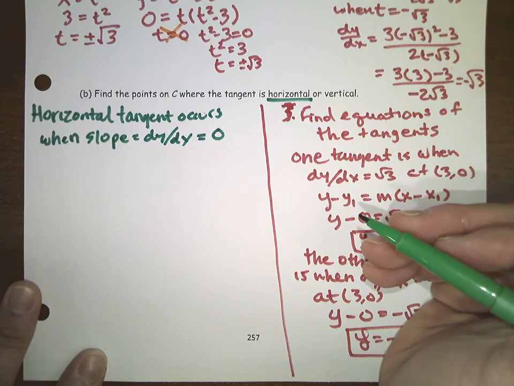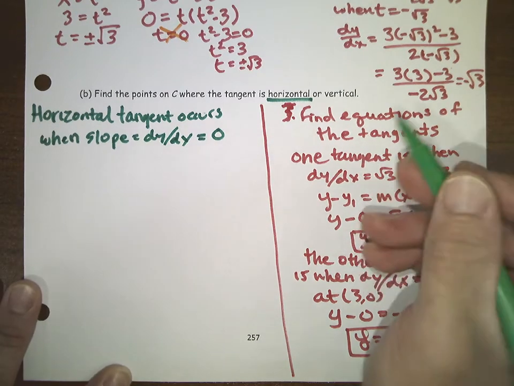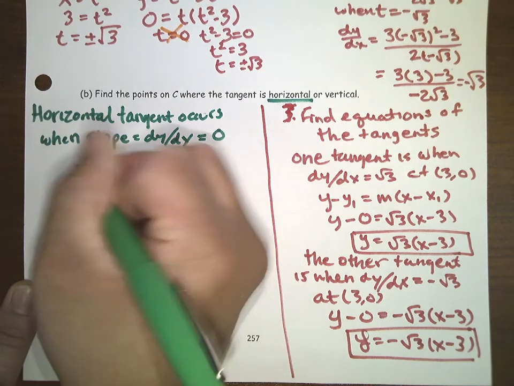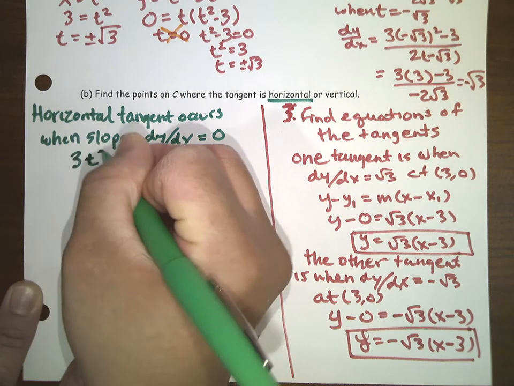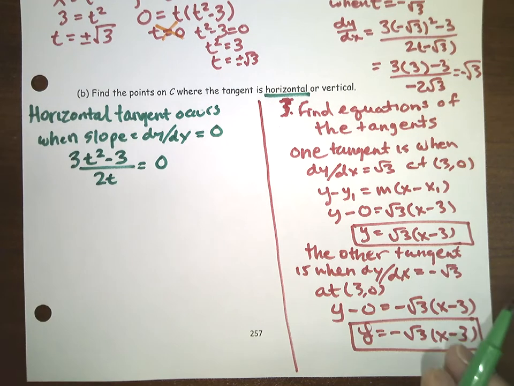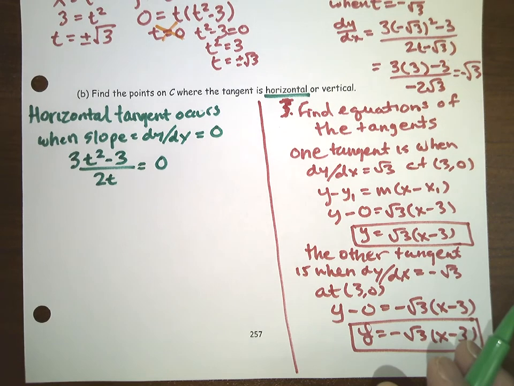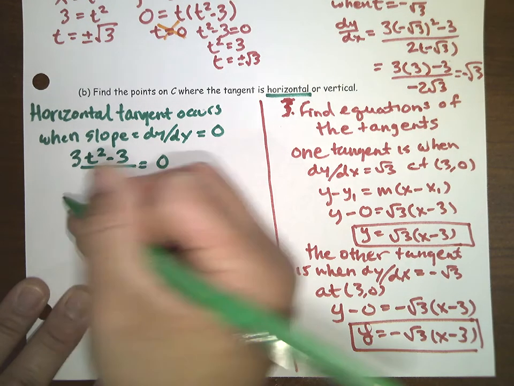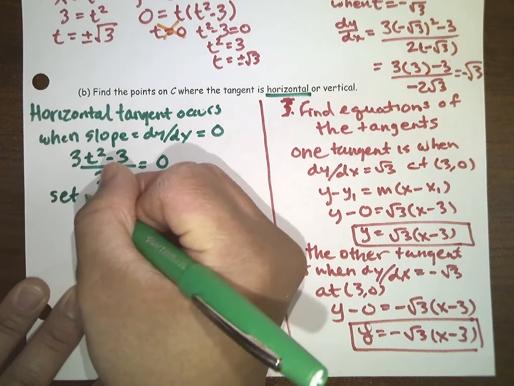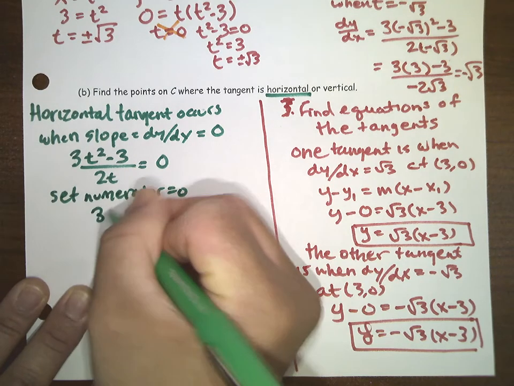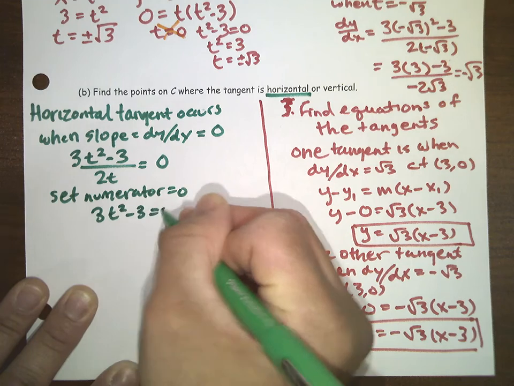So all I need to do is take the dy/dx and set that equal to 0. So that was (3t squared minus 3) over 2t equal to 0. And I really just need to see when the numerator is going to be equal to 0. So 3t squared minus 3 equals 0.